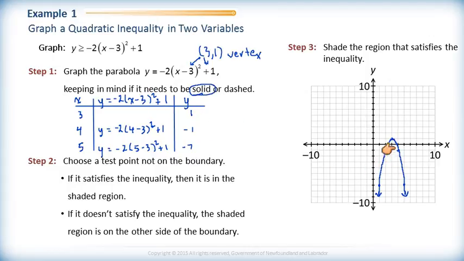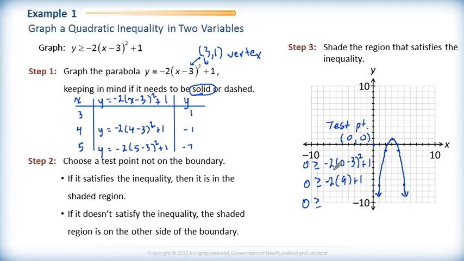Solid boundary drawn in. Now we need a test point, something not on the boundary. Again, it's most convenient to choose an x value and a y value that are the same, like (1, 1), (2, 2). It's hard to mix them up when substituting them in. (0, 0) is always nice too. That's the one I'll choose, and I'll plug it into my inequality to see if it satisfies.